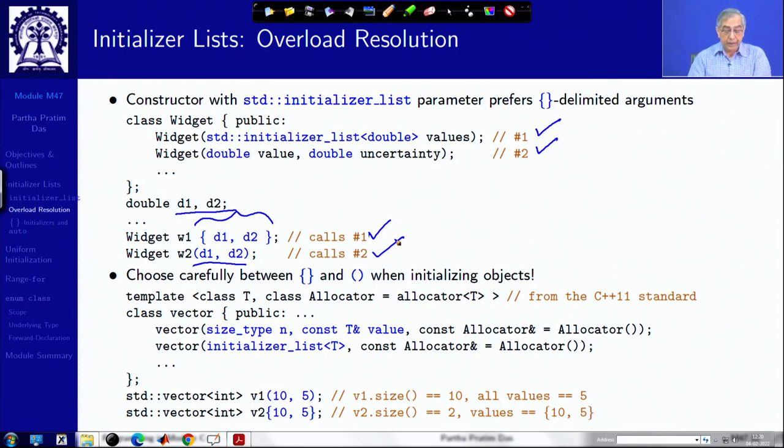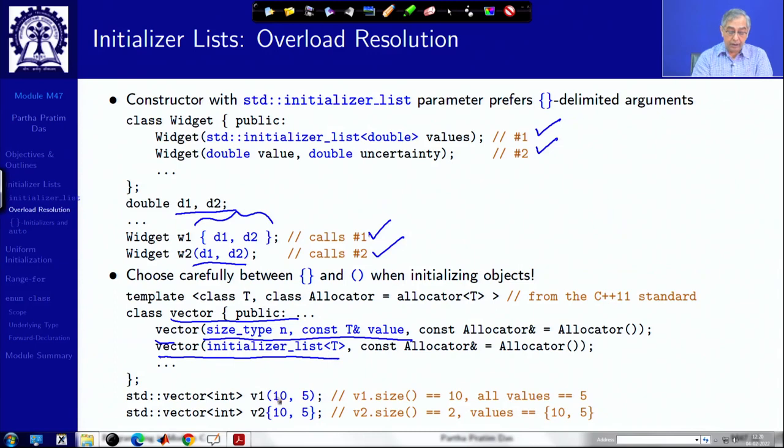Similarly, if I look at the vector class in the standard, it has one parameterized constructor which takes the size and the default value. It says construct a vector of size n, each filled up with value, and the other takes just the initializer list constructor.